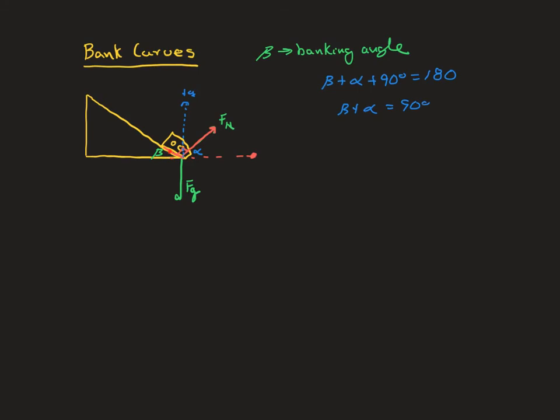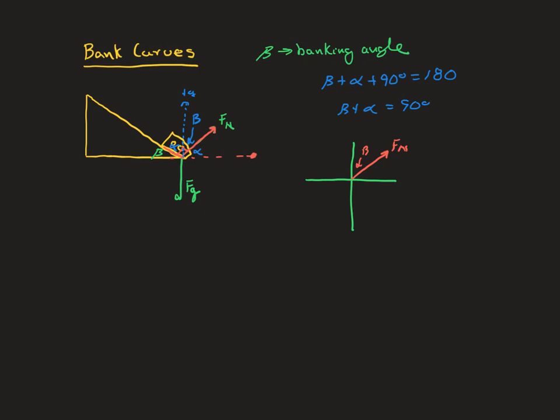This here and here has to be 90 degrees because this is the negative x-axis, this is the positive x-axis, which makes this angle in here alpha and this angle in here beta, because alpha plus beta has to be 90. So if I remove a lot of the messiness, because my goal here is to break the force normal into components, if I just draw my axes here, I have force normal acting up here in the first quadrant, and I've said the angle between the y-axis and the force normal is beta from the diagram to the left.